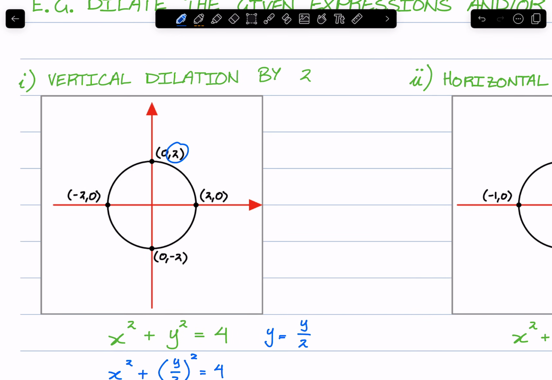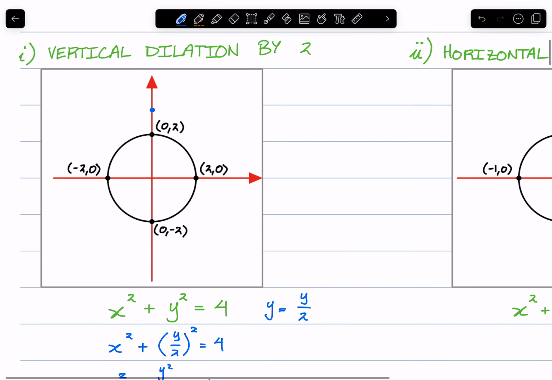So this y point here, which is 2, will now become 4. This point here, which is negative 2, will become negative 4. So this is (0, -4), and this one is (0, 4). These points don't move since the distance from the x-axis is currently 0, so multiplying that by 2 doesn't do anything.